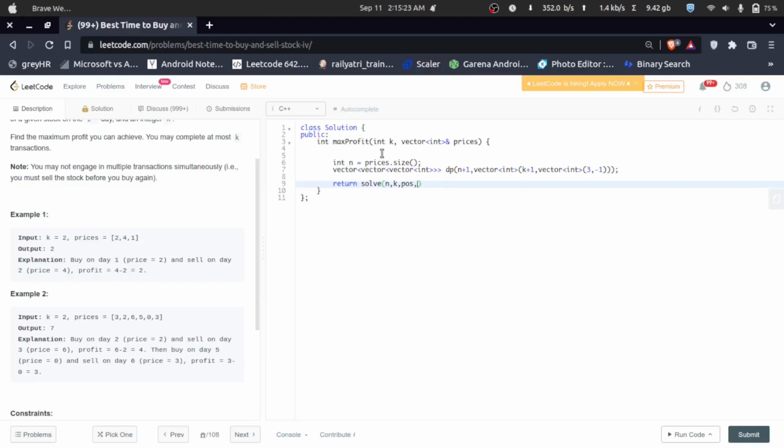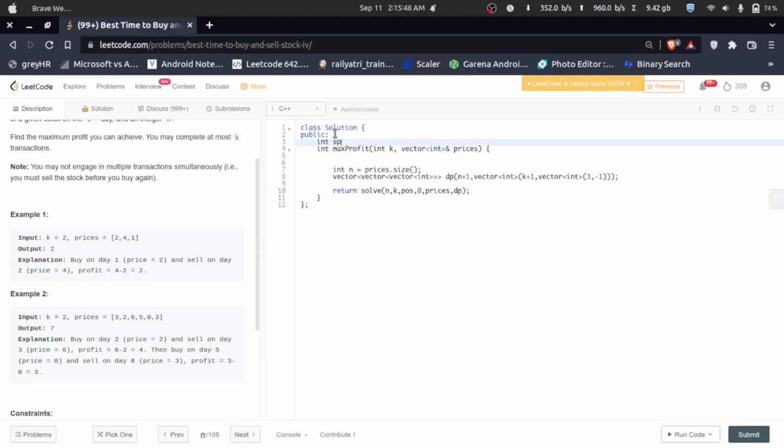Initially it is 0, we'll have to send the prices, and we'll have to pass the dp basically also. So right now we'll have to make that function there.